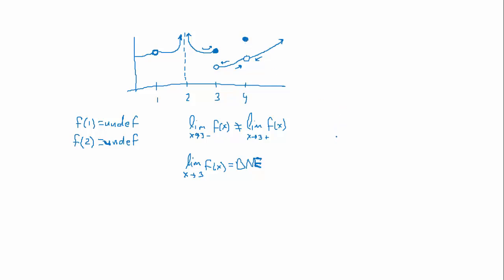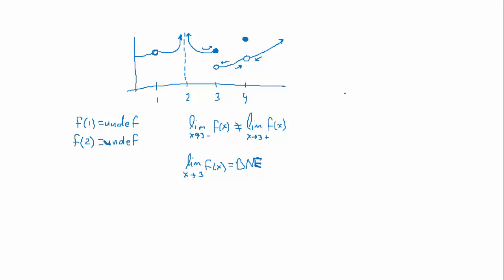So the full requirements for a function to be continuous at a point is that the function value and the limit are equal to each other. They both exist, have a value, and they have the same value.